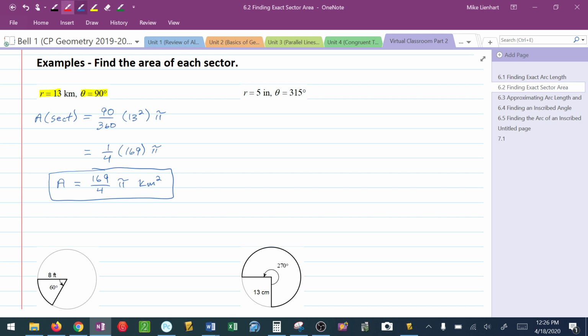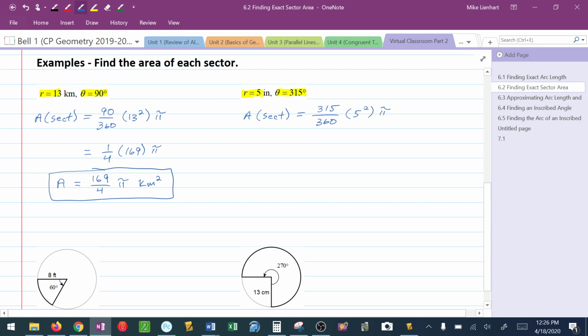So let's take a look at the next one. I've got a radius of 5. I've got theta as 315. I can calculate the area of the sector that creates. The area of the sector would be 315 over 360 times r squared times pi.